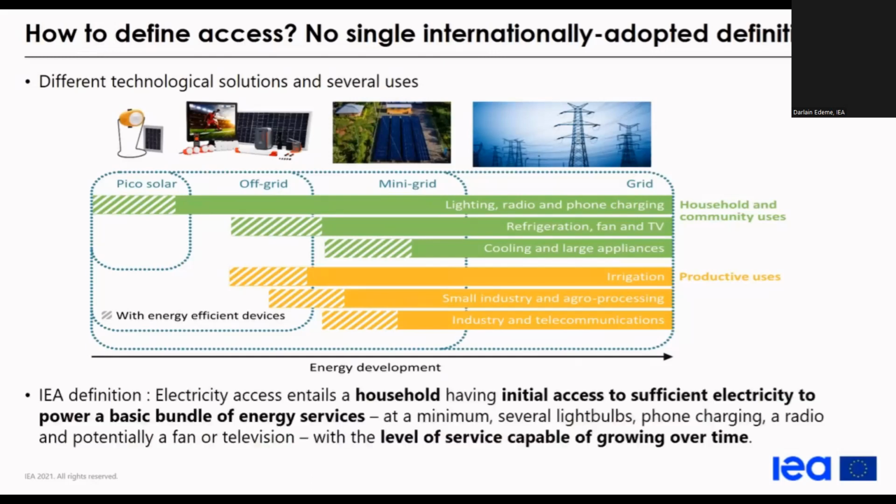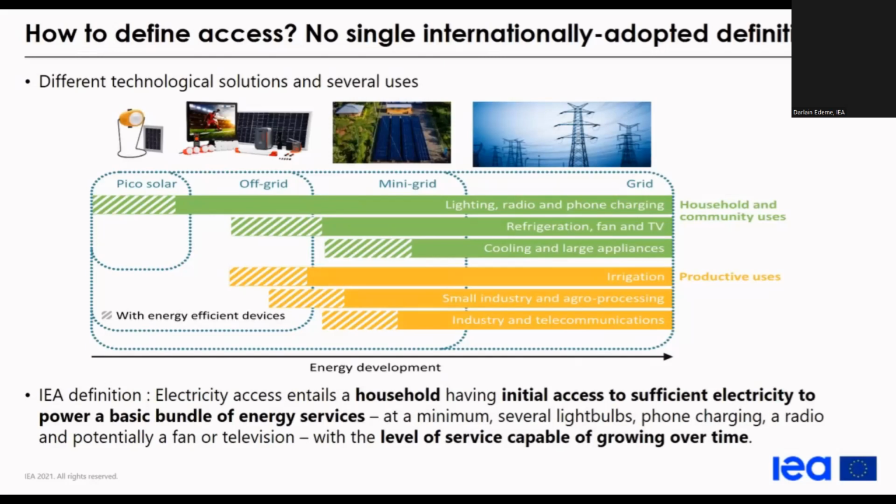At the IEA, we define electricity access under the below definition. Electricity access entails a household having initial access to sufficient electricity to power a basic bundle of energy services. So this, as a minimum, would be lighting devices, plus phone charging, plus a radio, plus potentially a fan or a TV, but also with a level of service capable of growing over time.